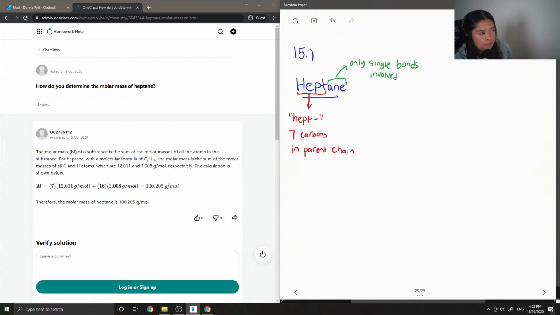So if this compound ended in ene, we'd know that there would be a double bond. If it ended in yne, then we know that there is a triple bond. So since heptane only ends in ane, then there are only single bonds involved. So now I can draw out 7 carbons to make a chain. And since carbon can have 4 bonds attached to it, I'm going to fill out the rest of them with hydrogens.